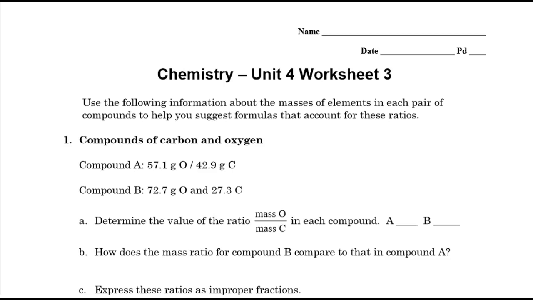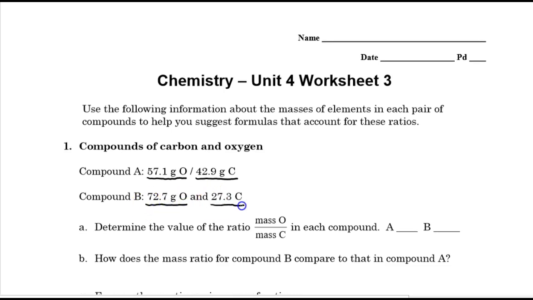So we're given carbon and we're given oxygen. We have one compound that contains 57.1 grams of oxygen and 42.9 grams of carbon. And then we have a second compound, compound B, which contains 72.7 grams of oxygen and 27.3 grams of carbon.